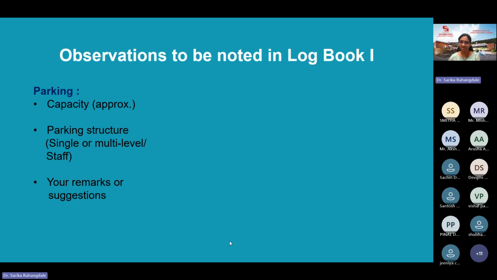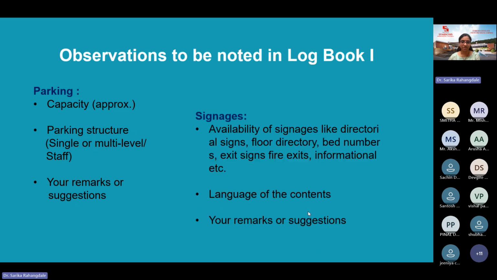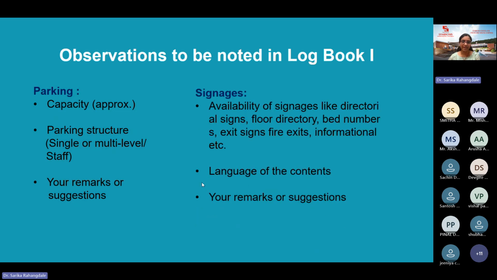So next is the signages. As you are aware, the hospital environment has been designed and constructed in such a way as to facilitate orientation for the patients and the visitors. Signages means whether the departments, the lifts, the fire safety doors, fire alarms, fire extinguishers, everything is in place with proper labels or not.